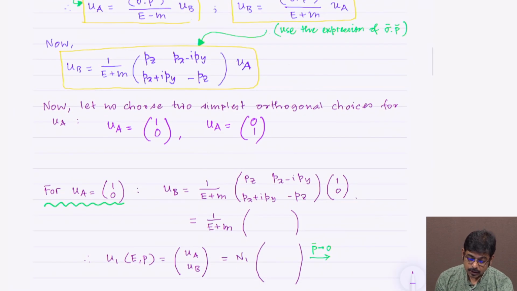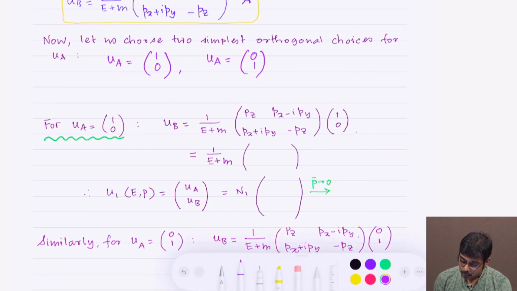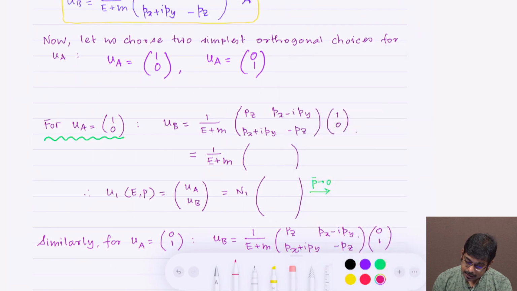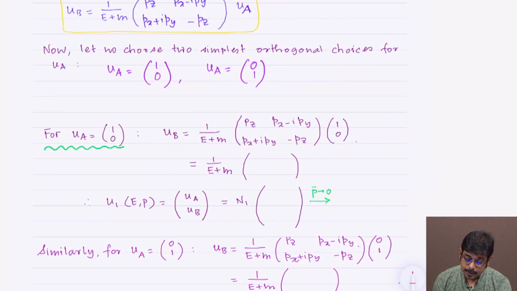So, suppose I choose uA equal to (1, 0), then can I write what exactly is the form of uB? I say that yes, we can do that. This is simply uB equal to 1 by (E plus m) times the matrix pz, px minus i py, px plus i py, minus pz multiplying with (1, 0), and that is trivial, right.